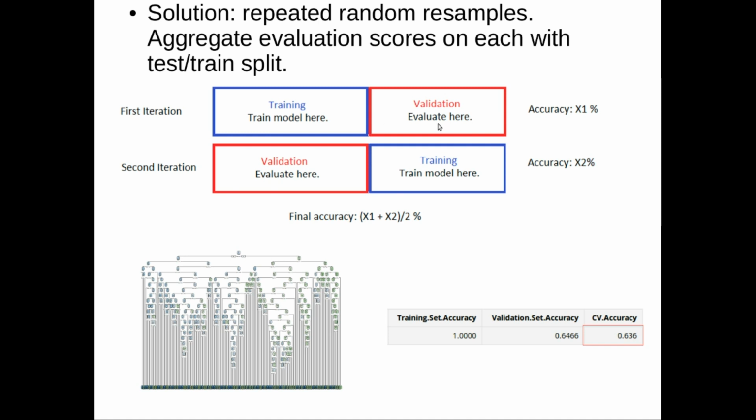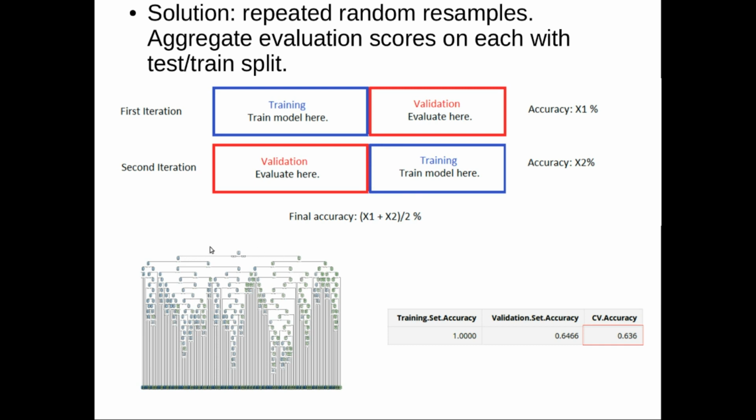Then we do it again, this time flipping the roles, right? So this time we train a model here and evaluate here, and the final accuracy will be just the average of the two. And this is actually a twofold cross-validation, right? Because it involves exactly 2 validation folds and 2 training folds.